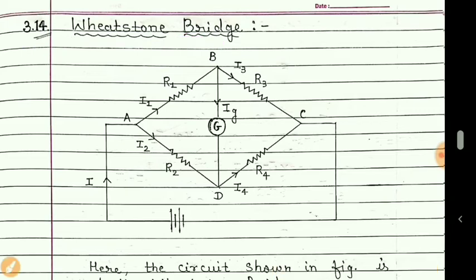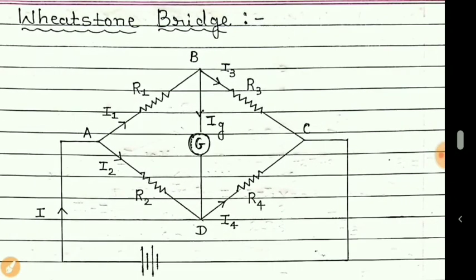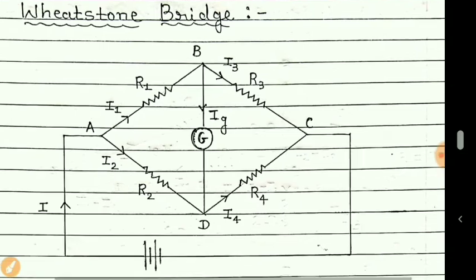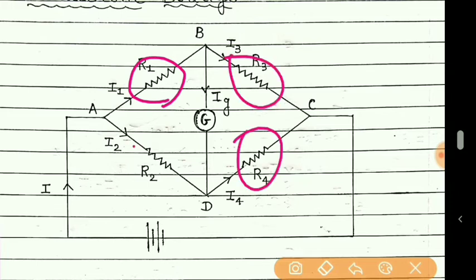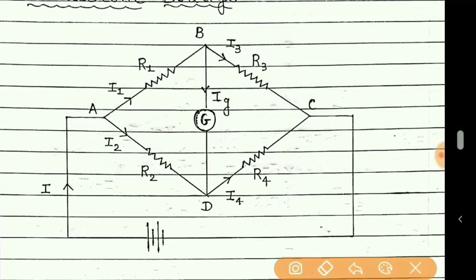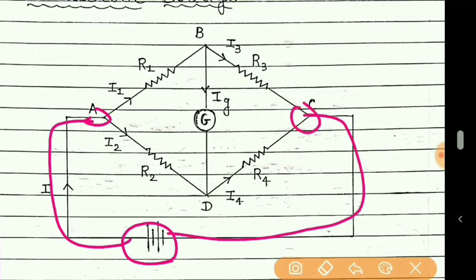Now here you can see the construction of a Weston's bridge. Here there are four resistances, R1, R2, R3 and R4, and a battery is connected across the two points A and C, which are diagonally opposite points.